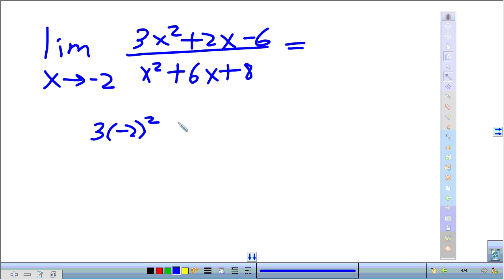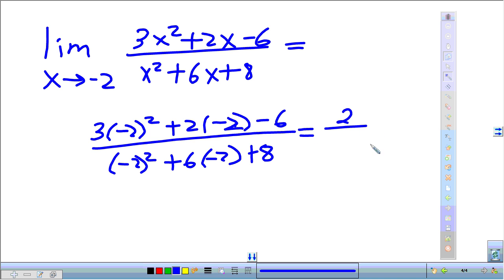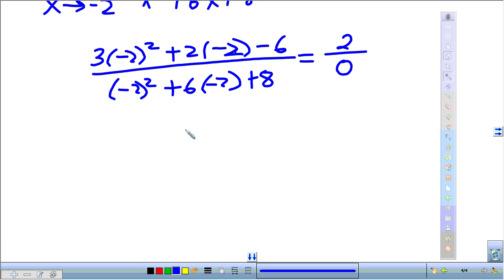So 3 times minus 2 squared plus 2 times minus 2 minus 6, all over minus 2 squared plus 6 times minus 2 plus 8. So we get 2 in the numerator and 0 in the denominator. So now we have a problem.